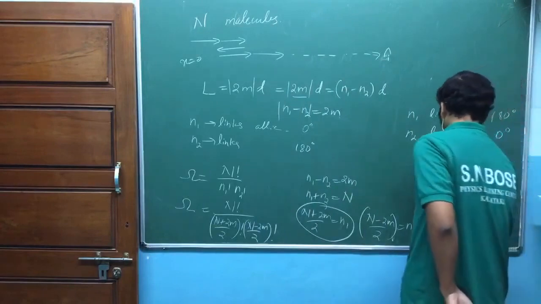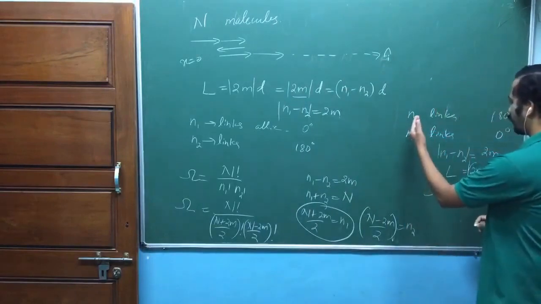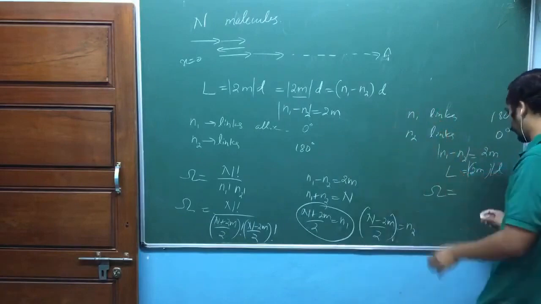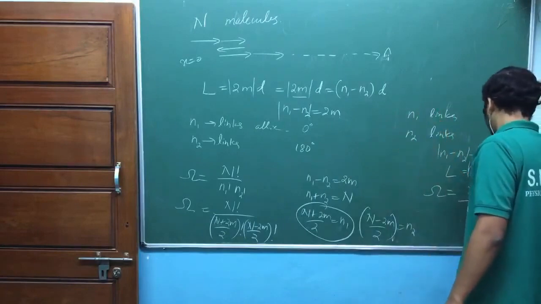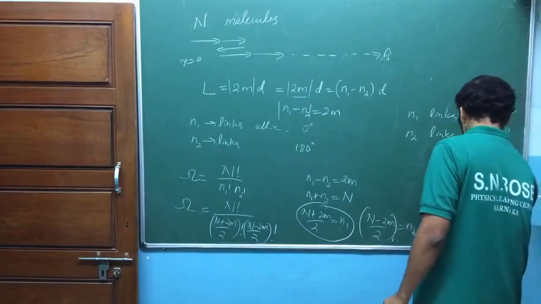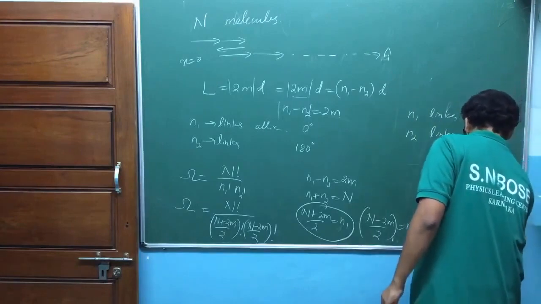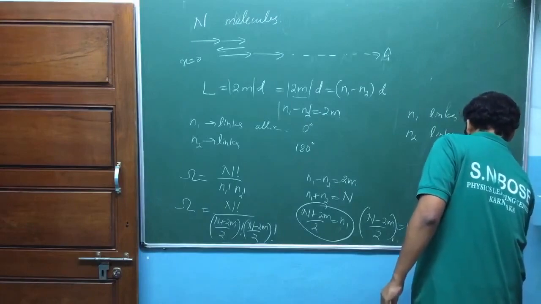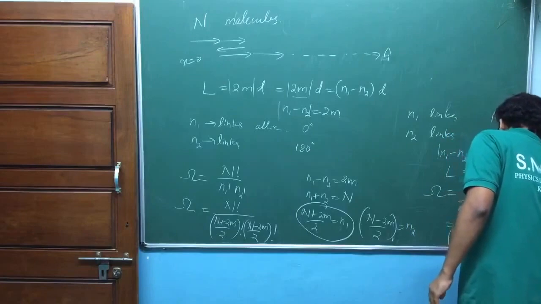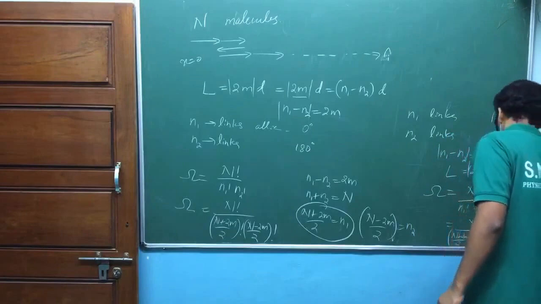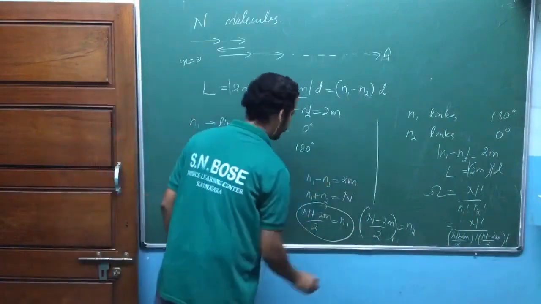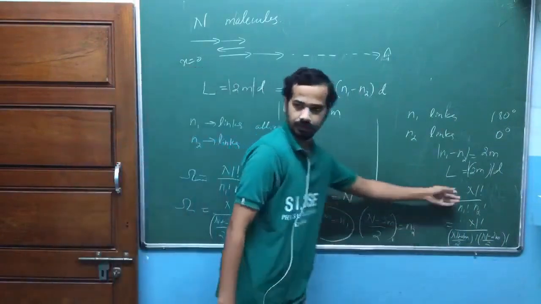So that again number of possible ways of arranging n1 links with 180 degree, n2 links with 0 degree, that's equal to again n factorial divided by n1 factorial, n2 factorial, exactly the same equation, n factorial divided by (n plus 2m) whole divided by 2 factorial, (n minus 2m) whole divided by 2 factorial, isn't it? Now you should add these two ways, isn't it?